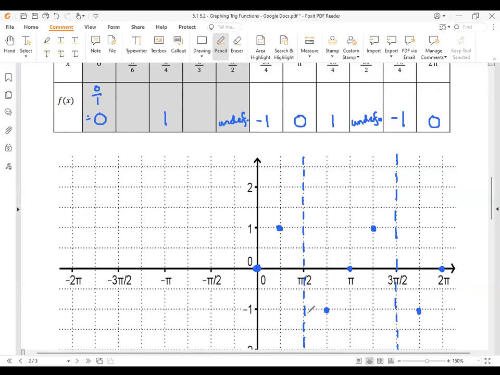So with that same pattern, I'm going to go reverse. Dun, dun, dun, line. Dun, dun, dun, line. And dun, dun, dun.